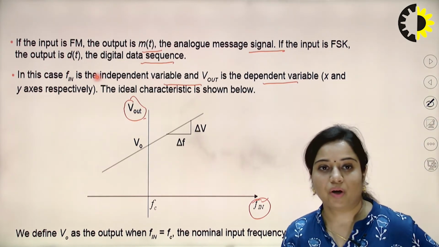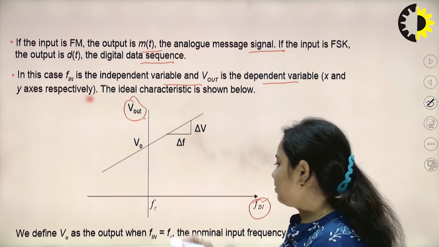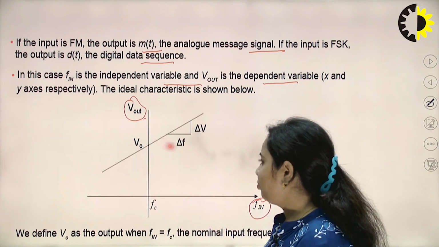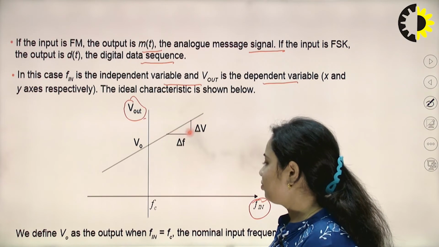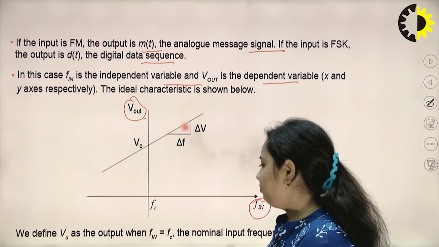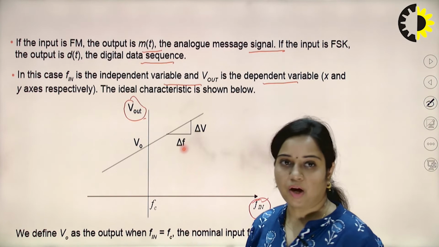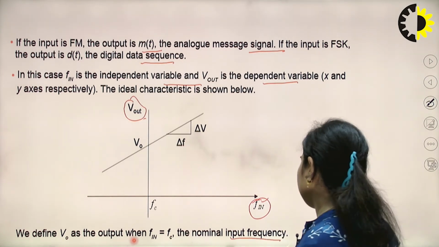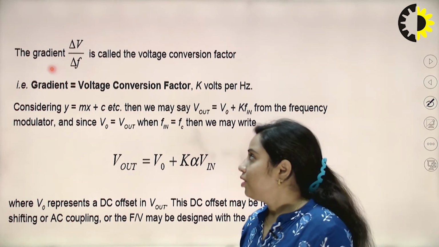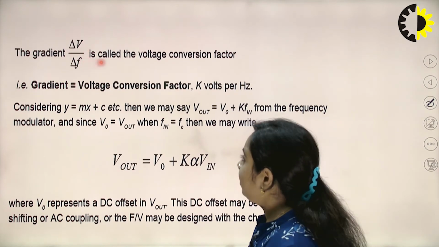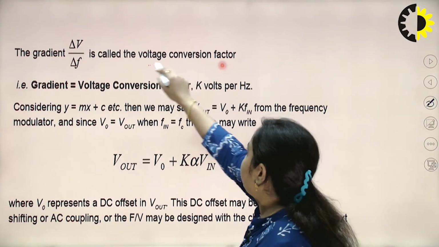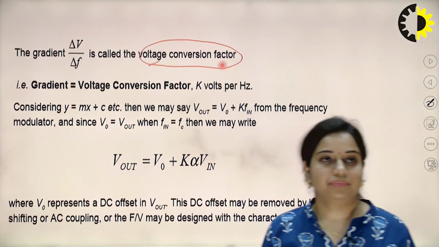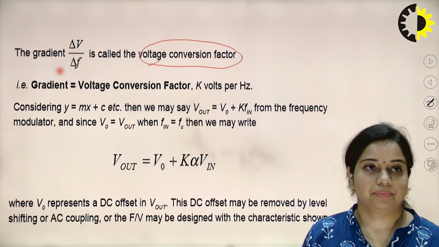This is the center frequency, that is Fc, and corresponding to that we get the value V naught. So this is the graph. We define V naught as the output when Fin is equal to Fc, the nominal input frequency. The gradient delta V upon delta F is known as the voltage conversion factor, related to the frequency to voltage converter.